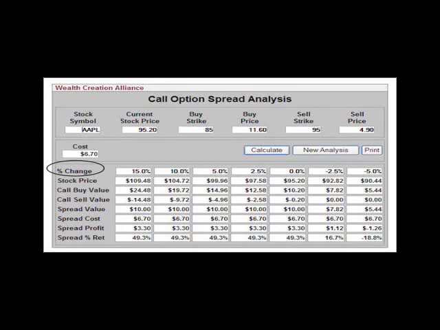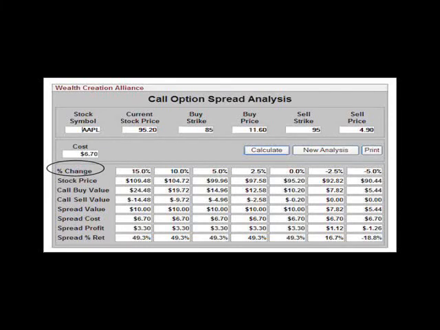The second row is labeled stock price and is the Apple stock price that corresponds to the percentage change listed on the row above. The call buy and call sell value lists the value of the long and short call option, which corresponds to the price of Apple stock.